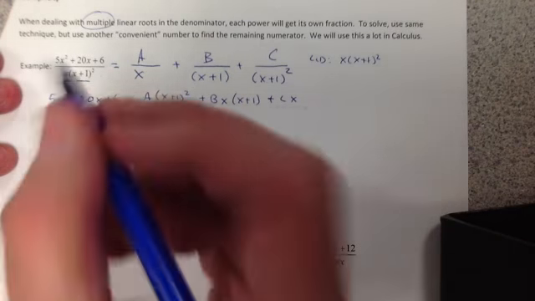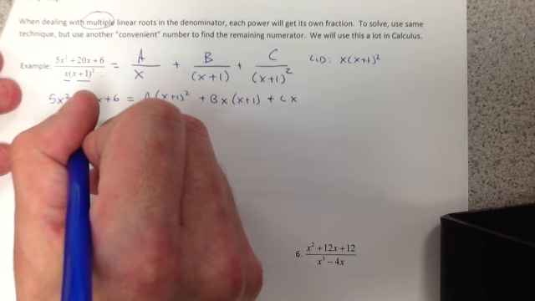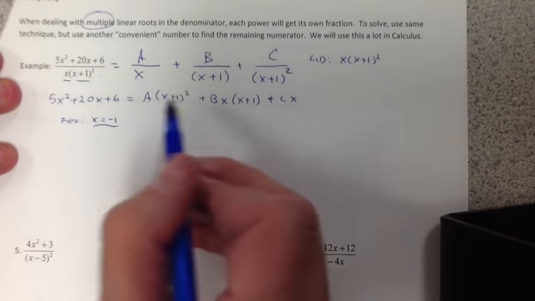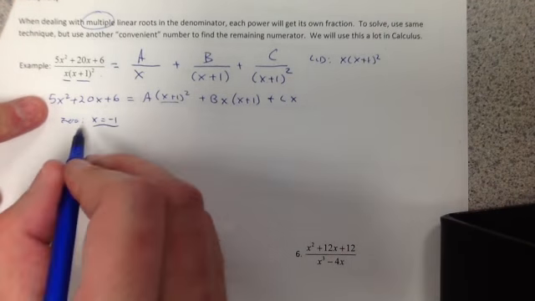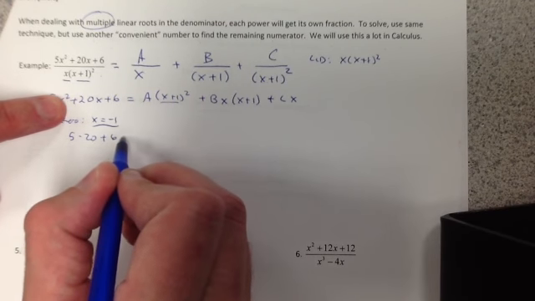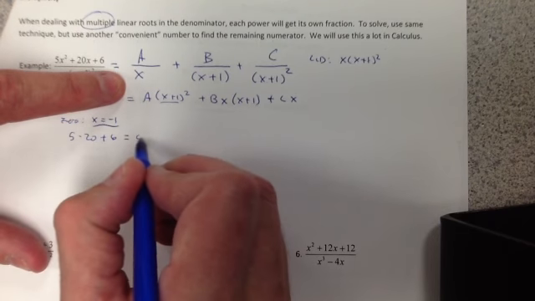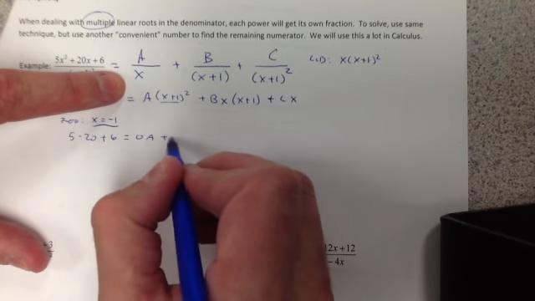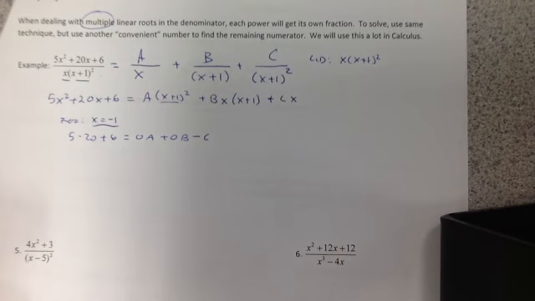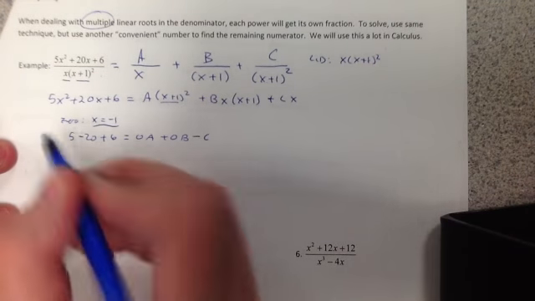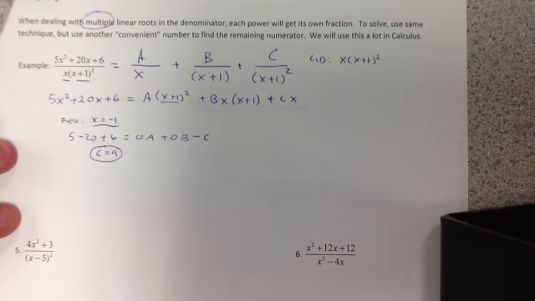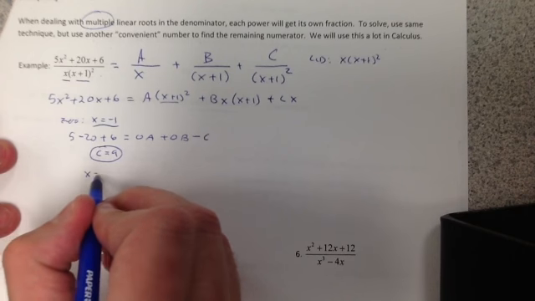I'm looking for zeros. Now the only zeros that I have, x equals negative 1. From here, if I plug in negative 1, that's going to give us 5 minus 20 plus 6 equals, that becomes 0a plus 0b, be careful, minus c. Now use a little bit of mathematics, and I've already done this for you. You wind up with c equals 9. Then I go to my next zero.